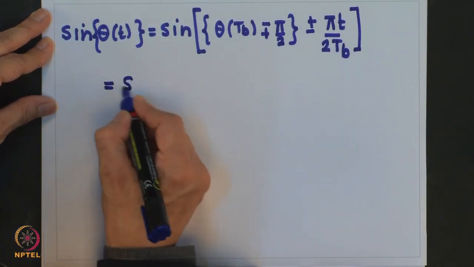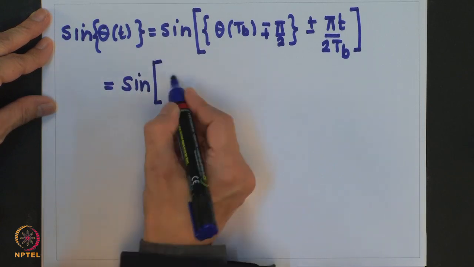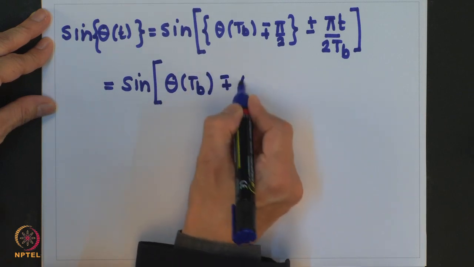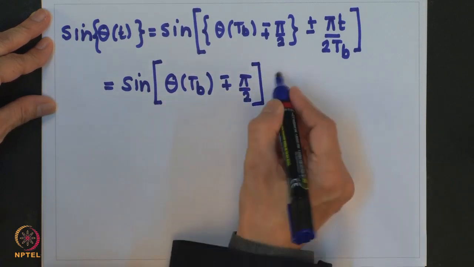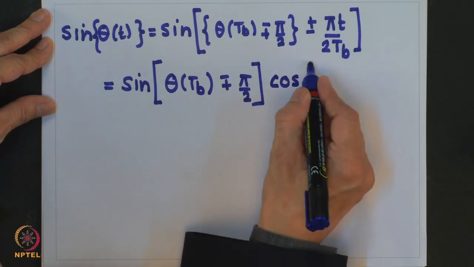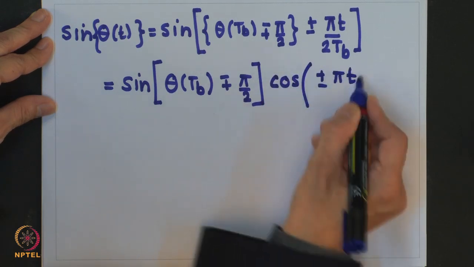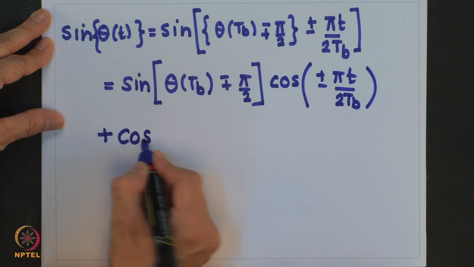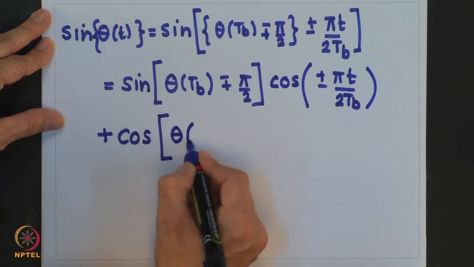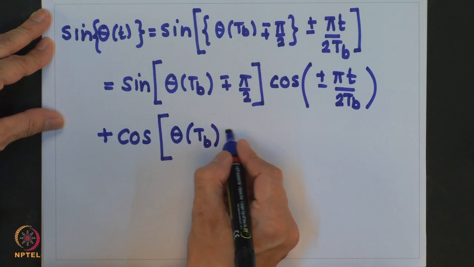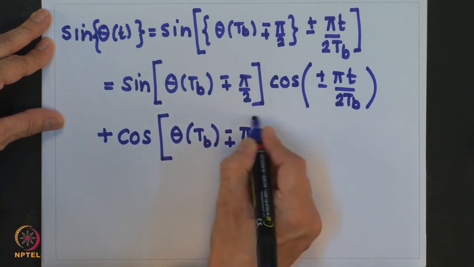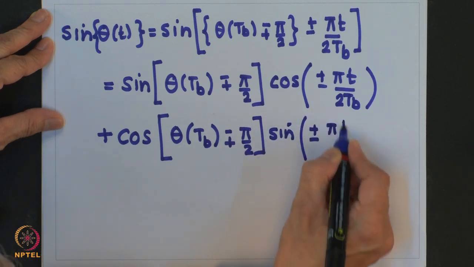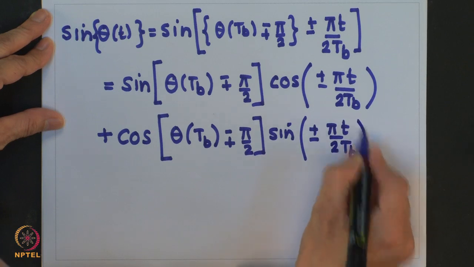This we expand, sine of theta Tb minus plus pi by 2 cos of plus minus pi t by 2 Tb plus cos of theta Tb minus plus pi by 2 sine of plus minus pi t by 2 Tb.